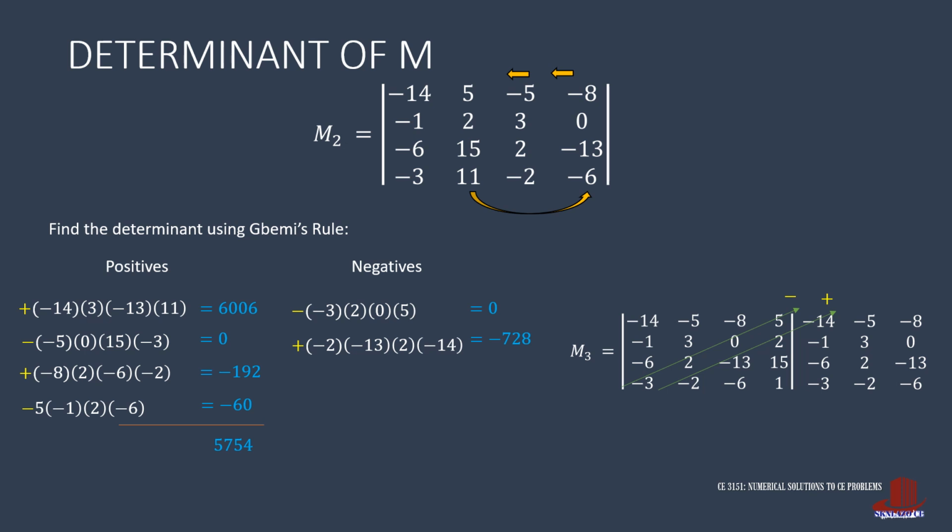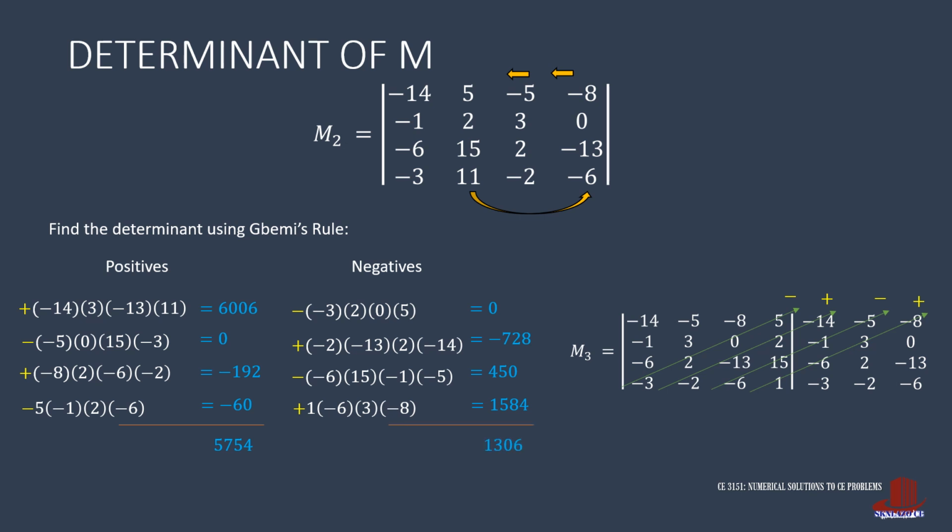The next negative has elements negative 6, 15, negative 1, and negative 5, resulting to positive 450 when multiplied. The last includes negative 6 with 1, 3, and negative 8, multiplied to 1,584.